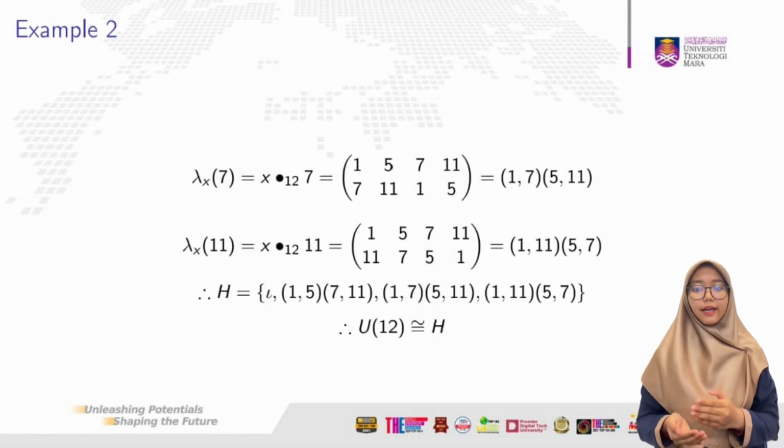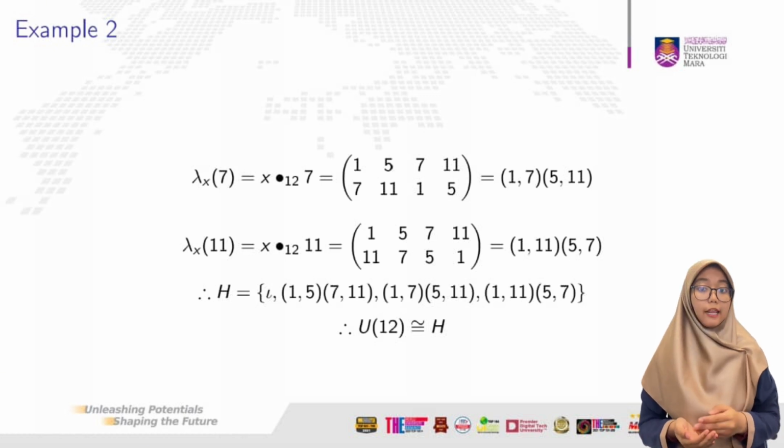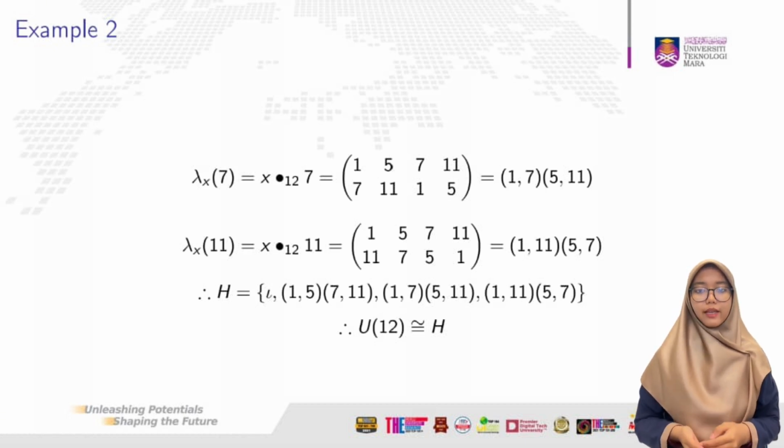And lambda x11 equals x multiplication modulo 12 11, we will get the cycle notation (1, 11)(5, 7). Subgroup H contains the elements iota, (1 5)(7 11), (1 7)(5 11), and (1 11)(5 7). Therefore, U12 is isomorphic to the subgroup H.